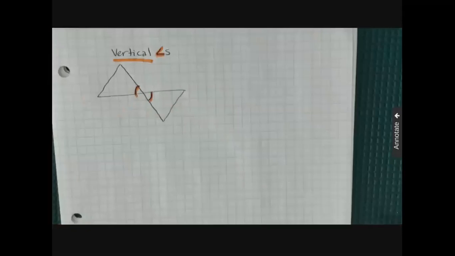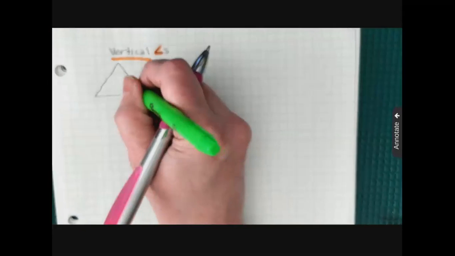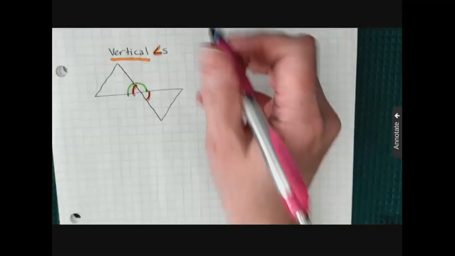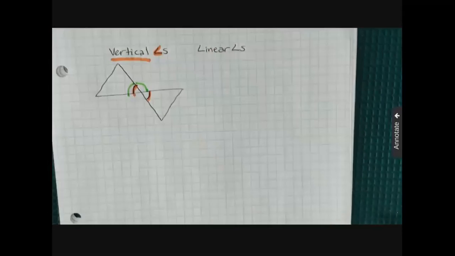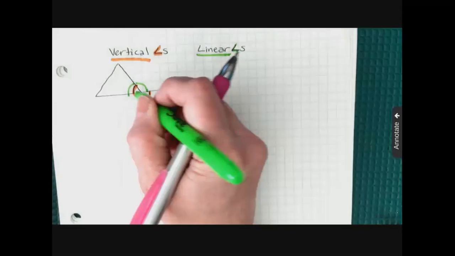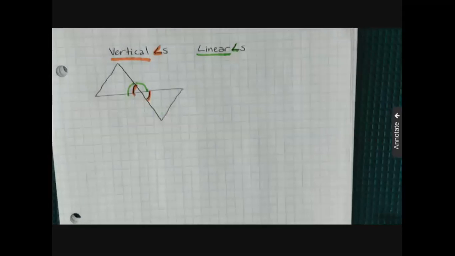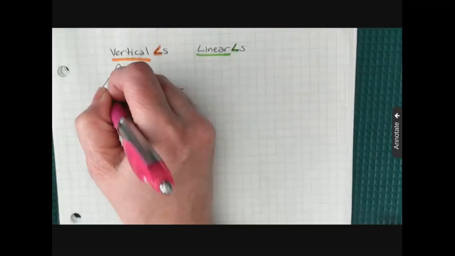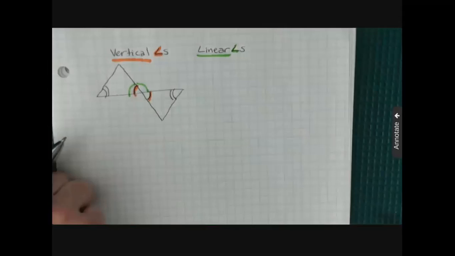Okay. A linear pair is angles that are on the same line. So for example, this is a line. This is a linear pair because line is in the word. Okay. So linear angles are on the same line. Congruent angles are when they tell you that they're the same by tick marks, all right?